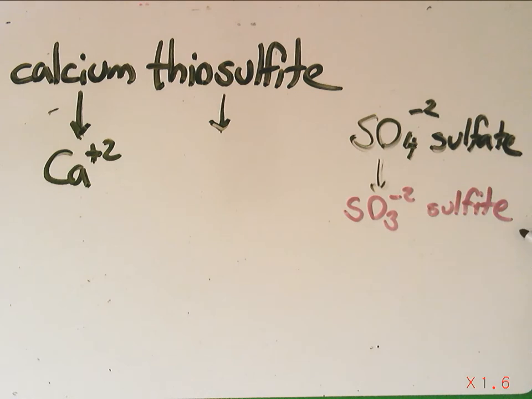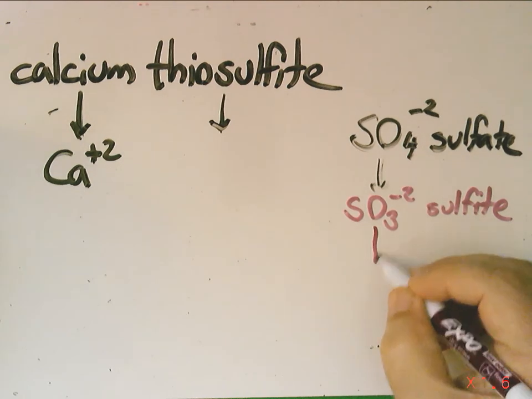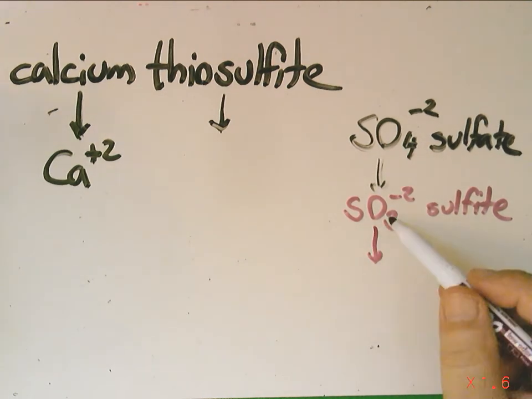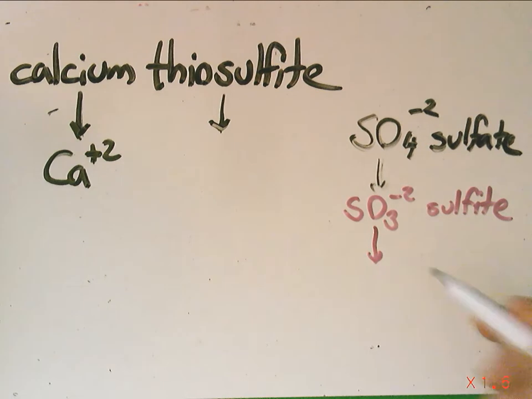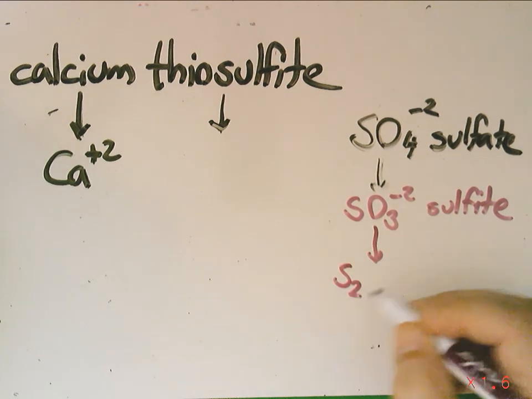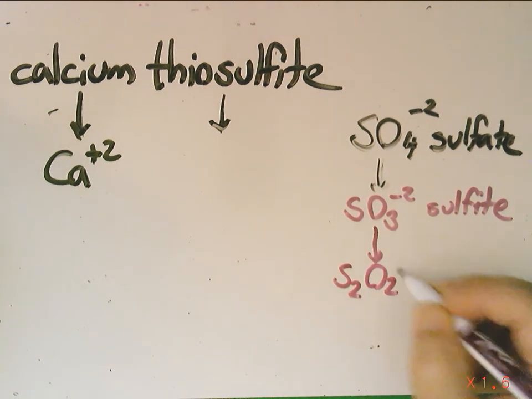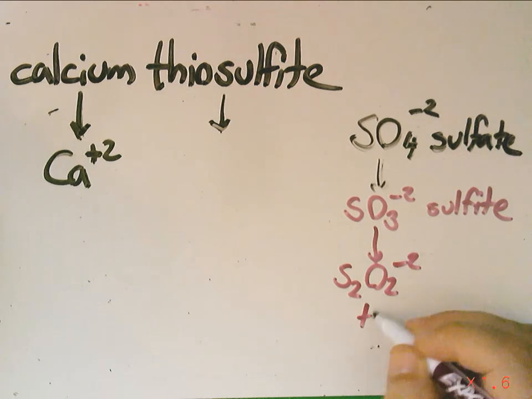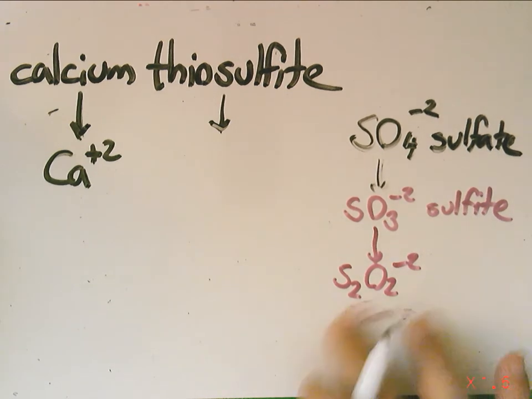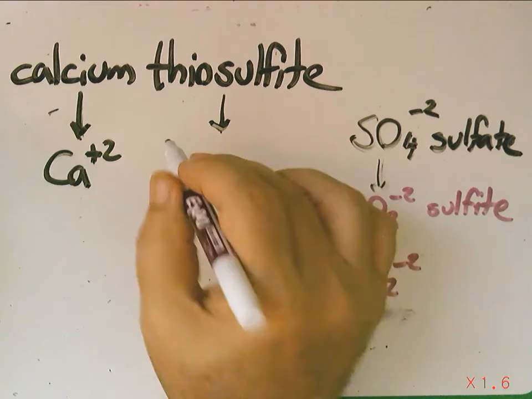Now I have an ITE ending on there, just like I'm trying to work towards. Now I have to put a thio on this. And the thio means that I am going to swap one of the O's for an S. That would be the ion that I'm looking for, the thiosulfite.